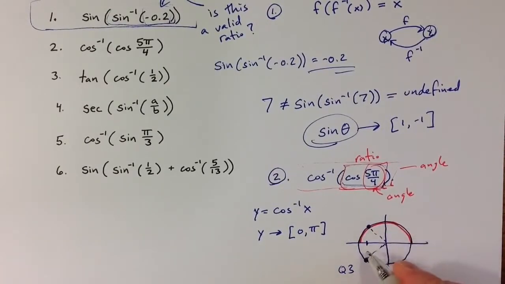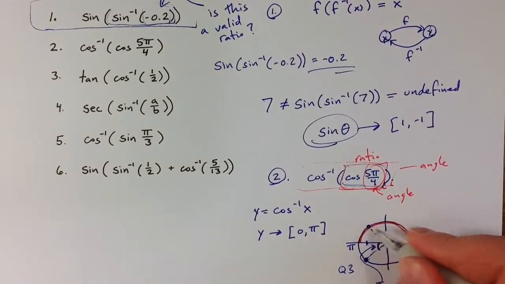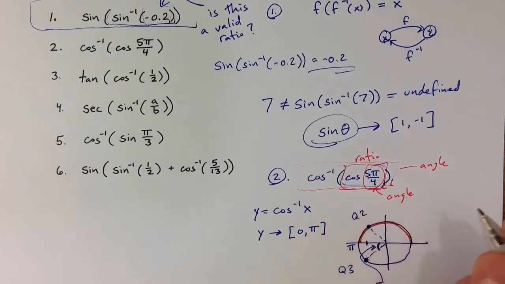Well, if this is 5 pi over 4, that means that this angle, the reference angle, is going to be pi over 4. And so the symmetric point that we're looking for in quadrant 2 is going to also have a reference angle of pi over 4. Right, so this also has to be pi over 4.